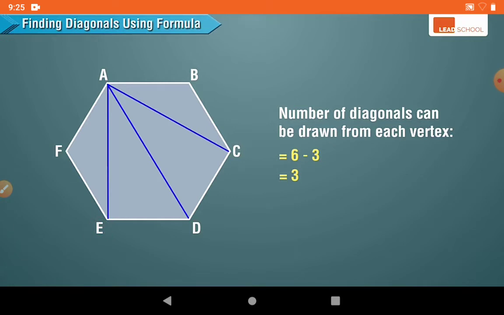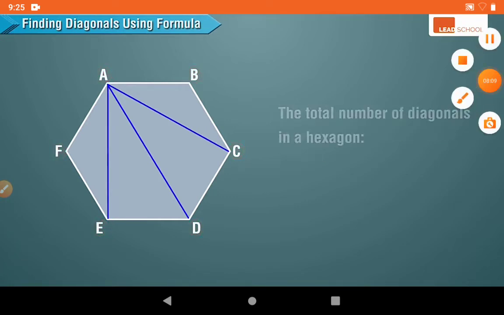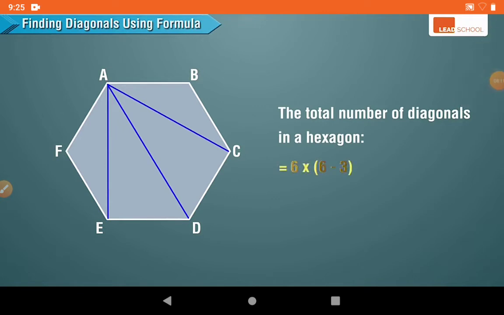Since there are 6 vertices in the hexagon, we can draw a total of 6 times (6 minus 3) diagonals. But here, the diagonal from vertex A to vertex D is the same as that from vertex D to vertex A. This means that we are counting the same diagonal 2 times.